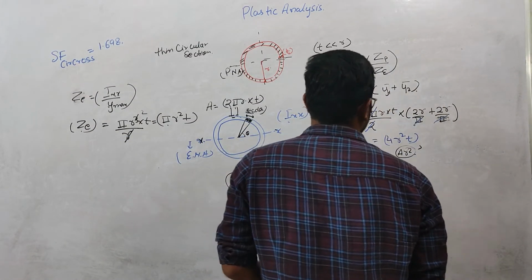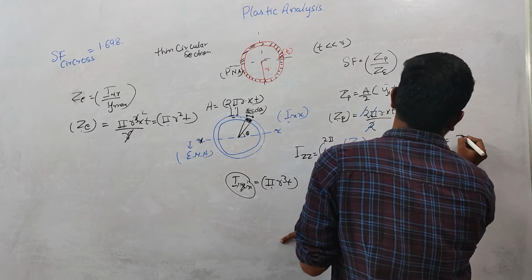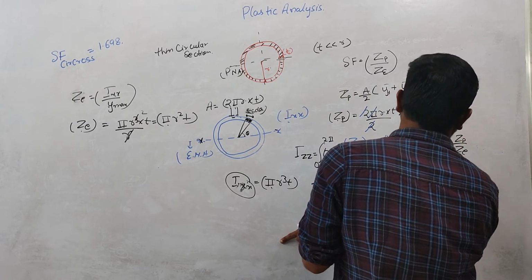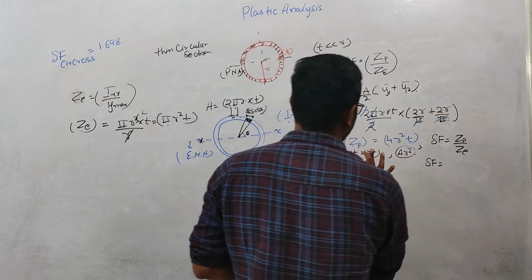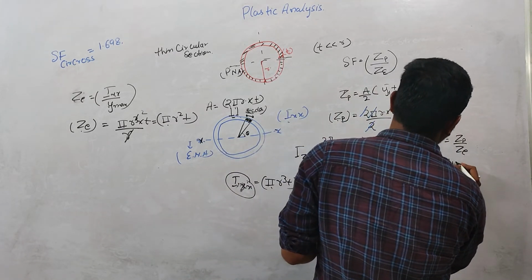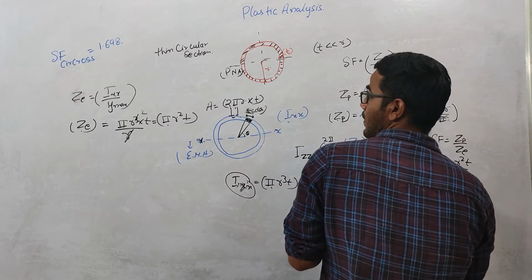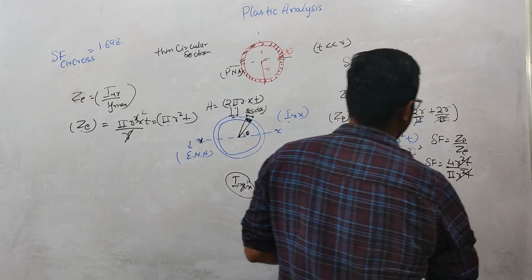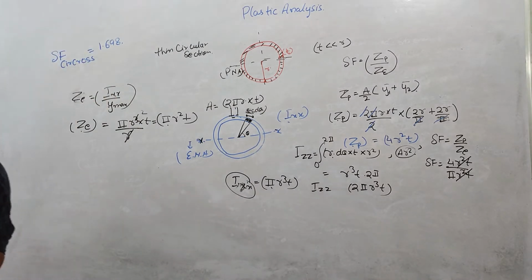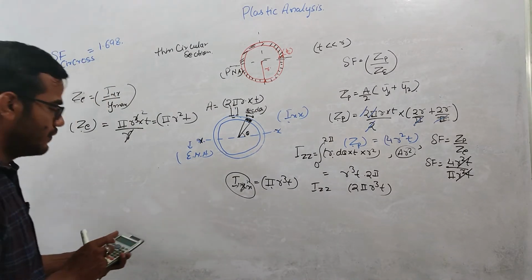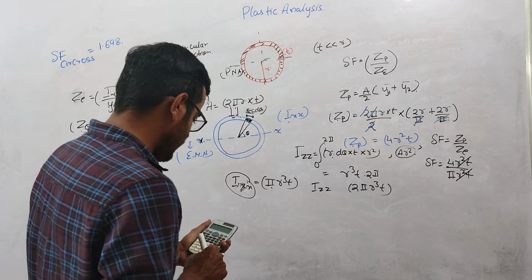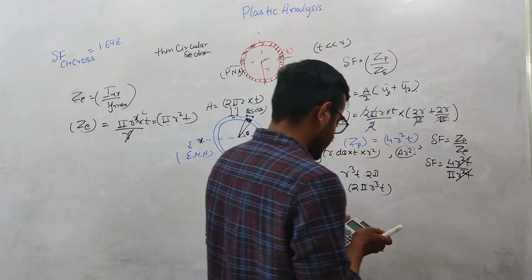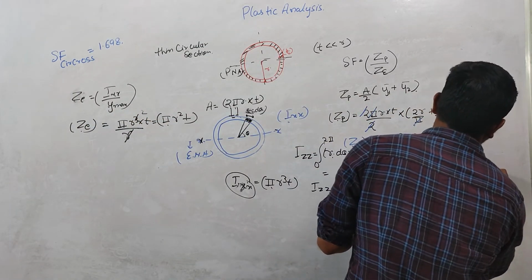So this is the value of elastic section modulus, right? And shape factor is equal to Zp over Ze. If you put the values into this formula, this is 4 r square t over pi r square t. R square t will cancel out each other, and the value of this shape factor will be 4 over pi, which is 1.27.